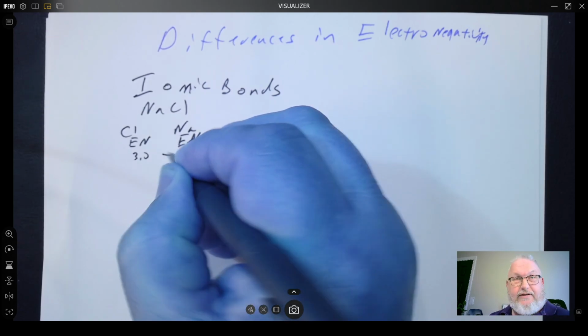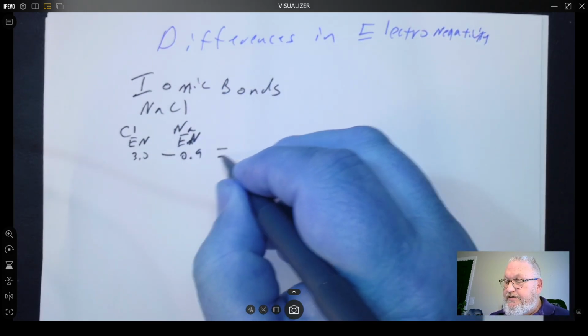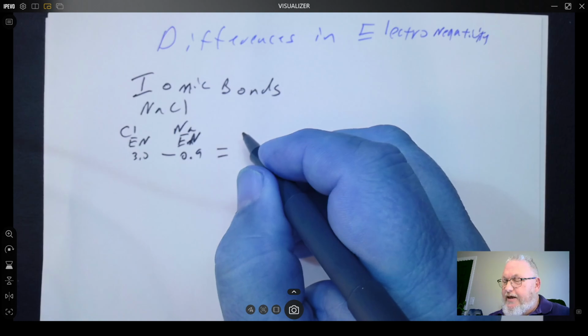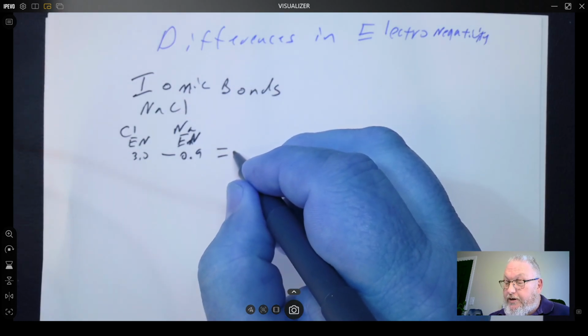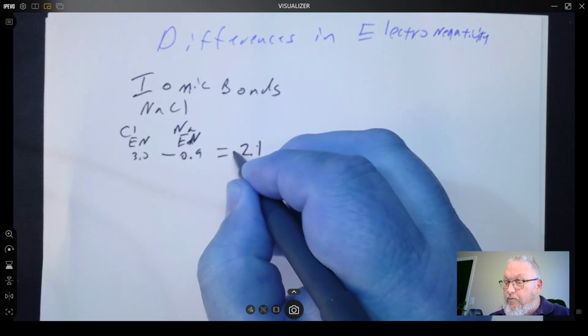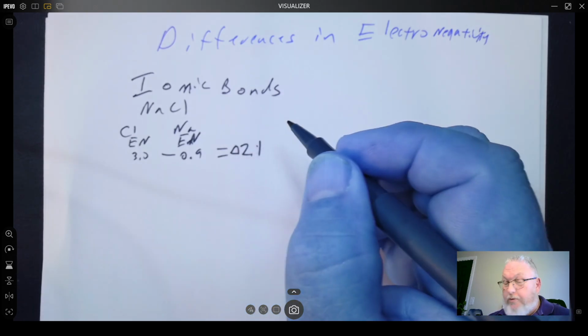I could take my calculator out, but I can do it in my head. 3.0 minus 0.9 is a difference, a delta, of 2.1.